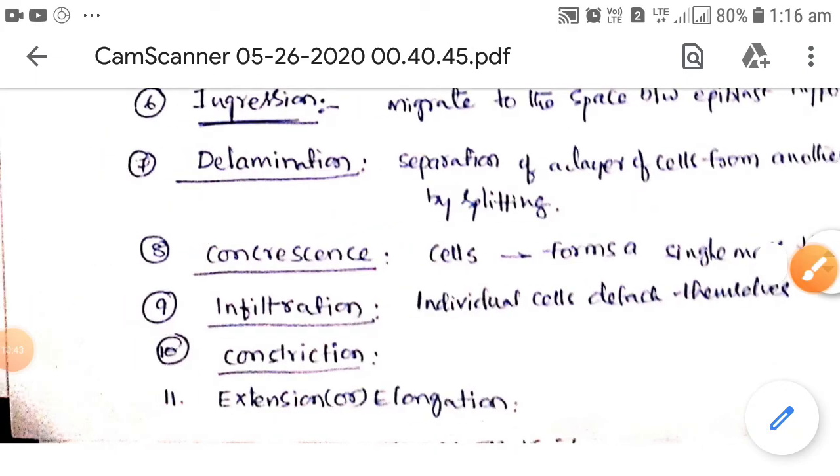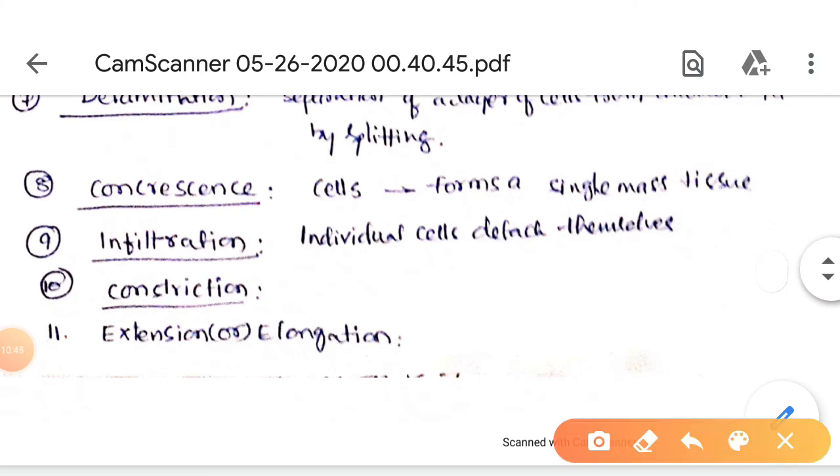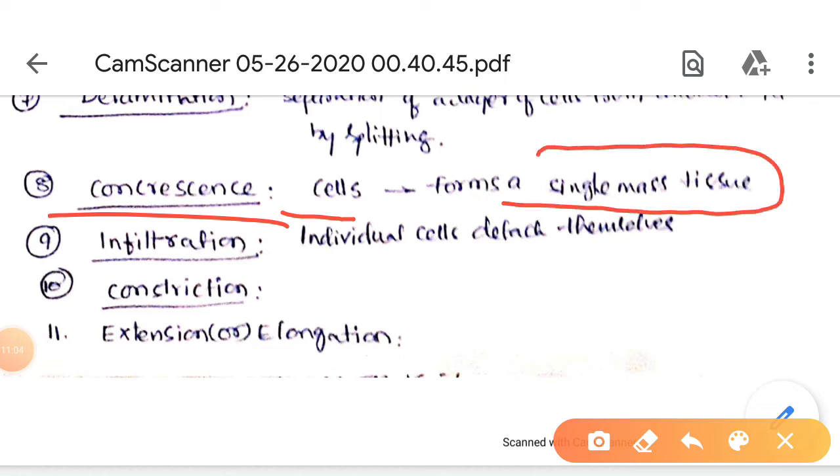And another one, concrescence. Concrescence refers to the migration of a group of cells towards each other until they meet and fuse together and form a single mass of tissue.